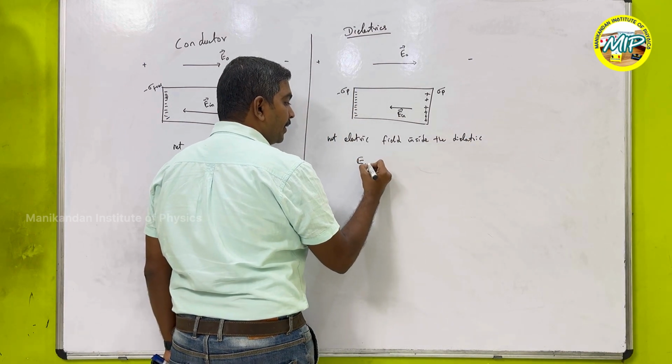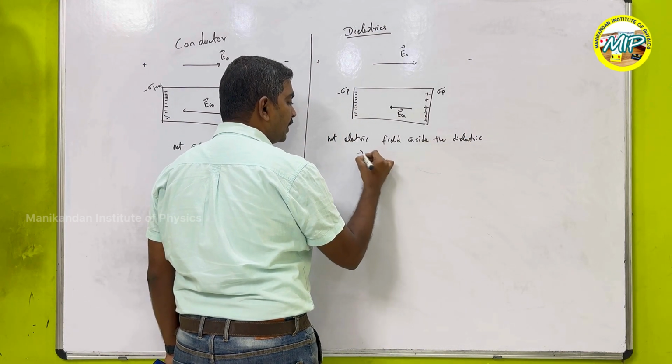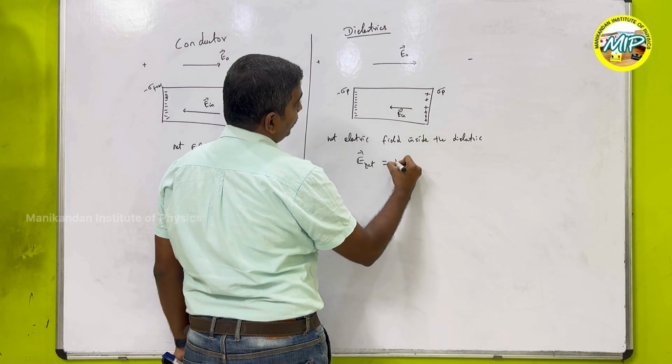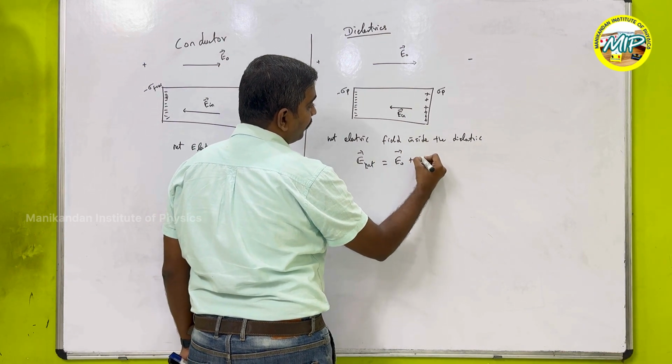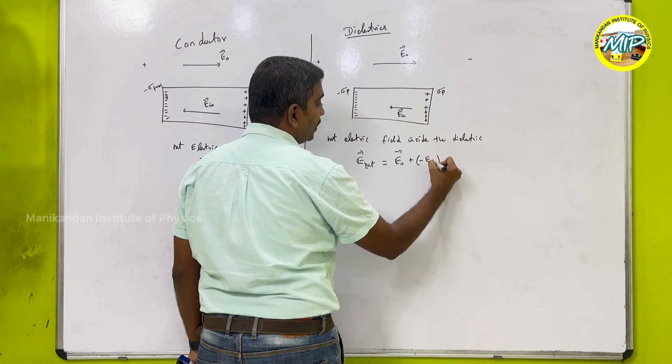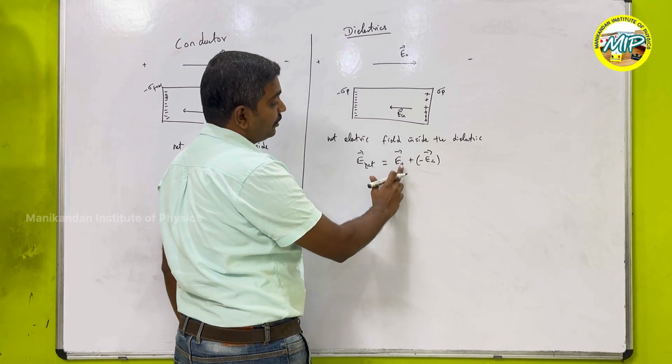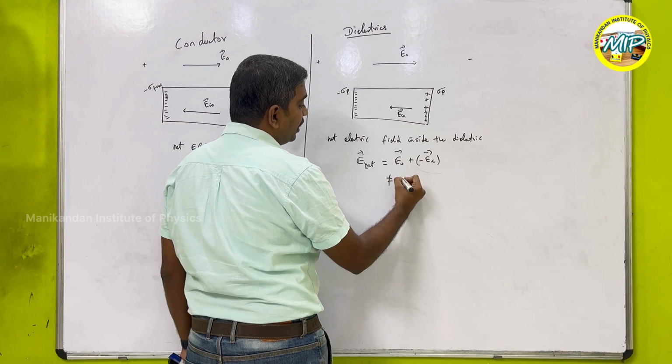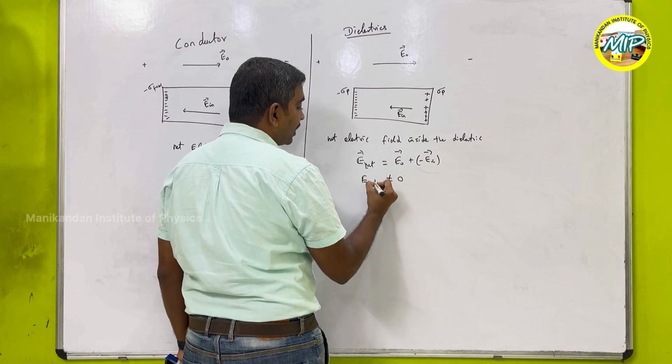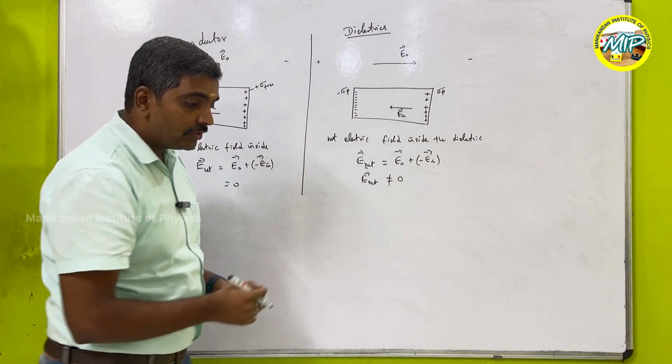E net vector equals E naught plus or minus E in, but the beauty here, this magnitude is less than this magnitude, so this is not going to be 0. So my net electric field inside the material is not going to be 0.